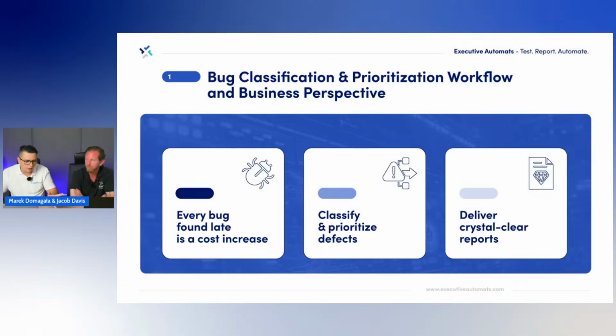This is a rough estimation, because each project is different, but this is how it works roughly. If we are at a later stage of software development and find a bug or defect, the cost of fixing it multiplies by 10 with each stage.